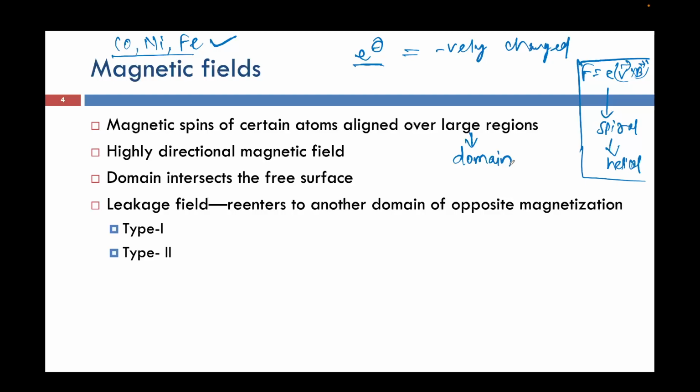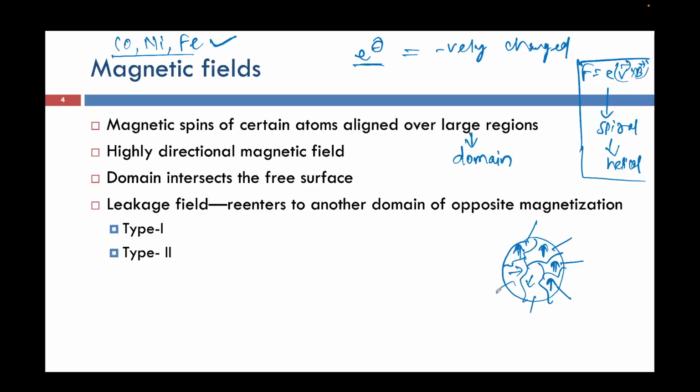So if I am talking about a large region, with its magnetic moment like this, this is one domain, this is another domain, and this is another domain.